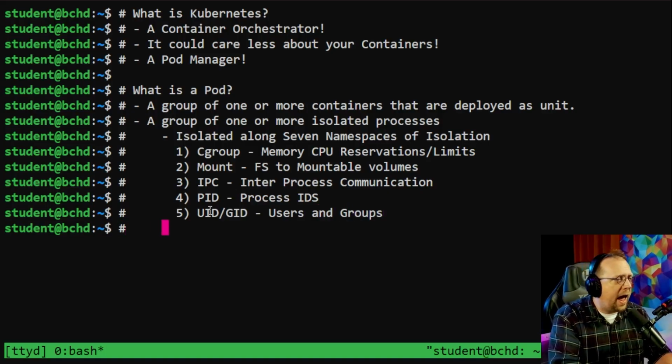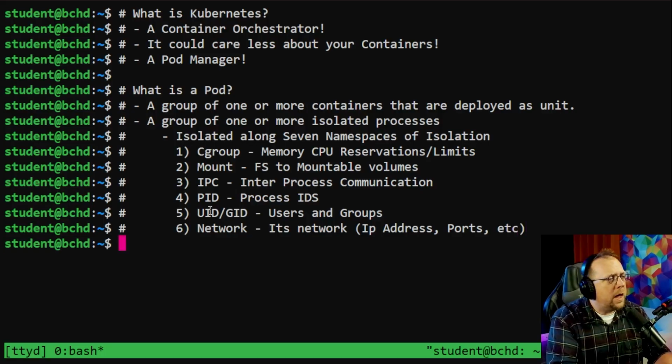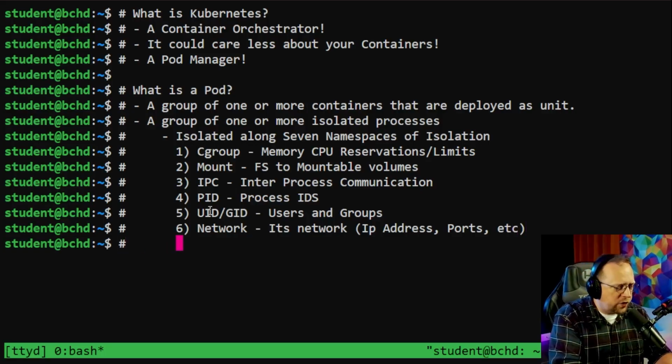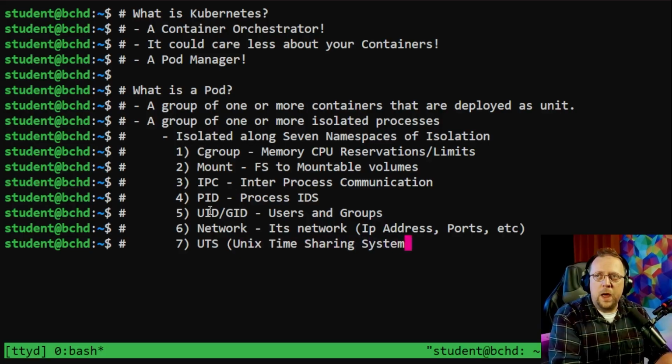And then, of course, we got to talk about network. So a container is going to have its own network stack. That includes IP address, ports, etc. Okay, and then finally, number 7 is something called UTS, which is Unix Time Sharing System, which is a fancy name for host name and NIS domain name.